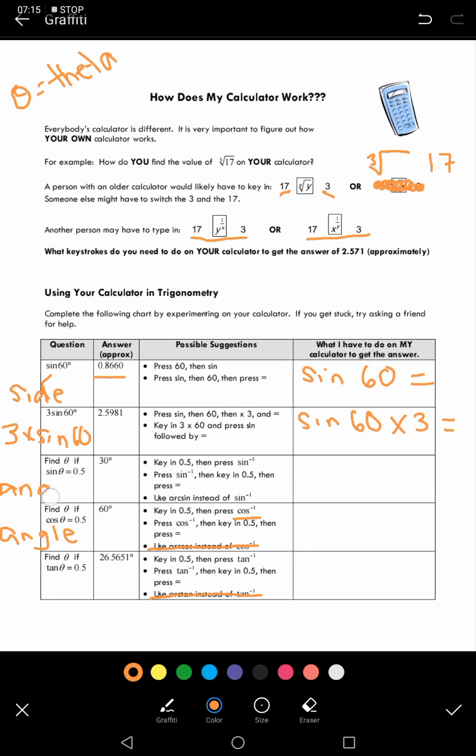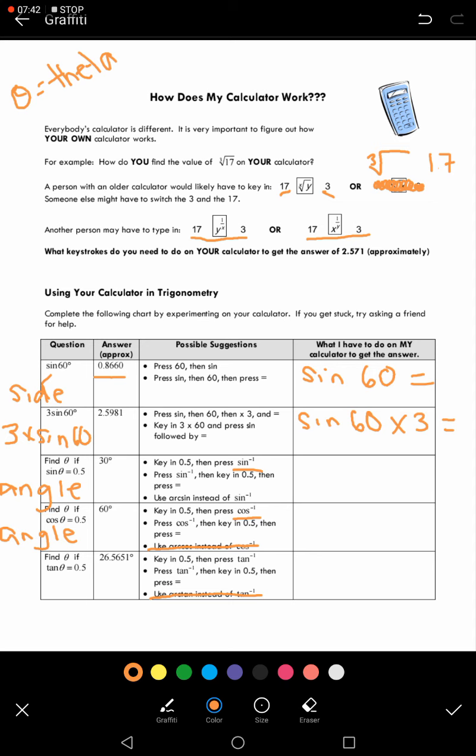So same thing, we're trying to find an angle here, but we have sine theta. Everything I said is the same, except we need to use that sine to the -1. So the options for all three of these are going to be the same. Typing that in on your calculator, starting with the first one, you can try the 0.5 first and then click your inverse sine button. For me, that gave me an error.